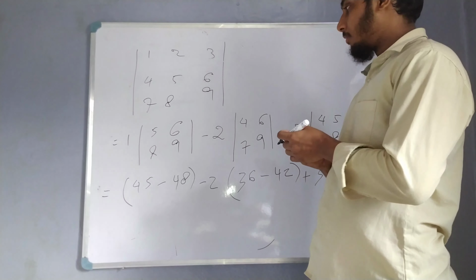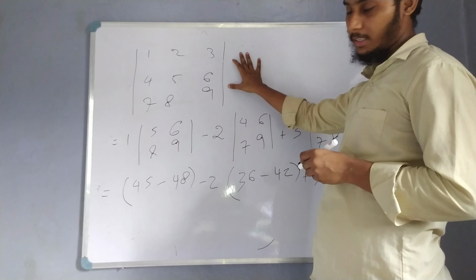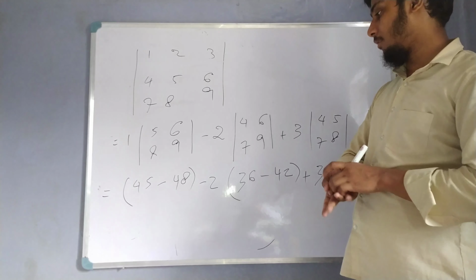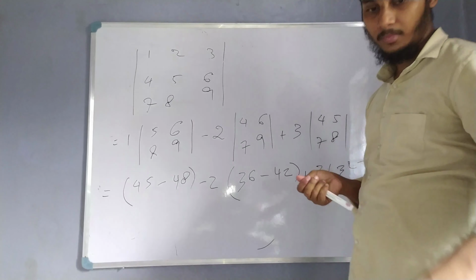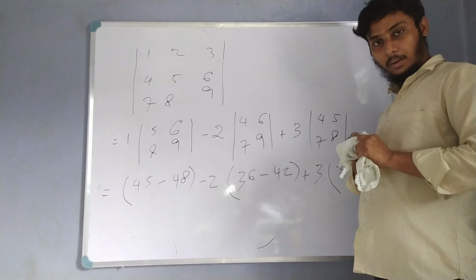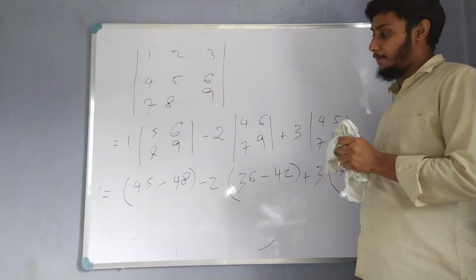So my aim is to make you understand how a determinant is expanded. This simplification you can do, you can leave, but when we do questions, we will have to simplify the whole thing. So up to now you have learned the expansion of a second order determinant and the expansion of a third order determinant.